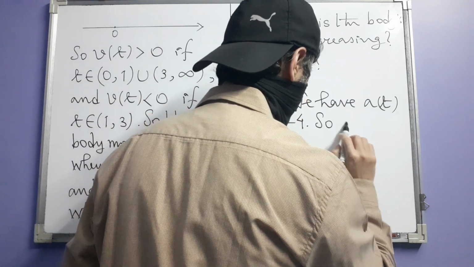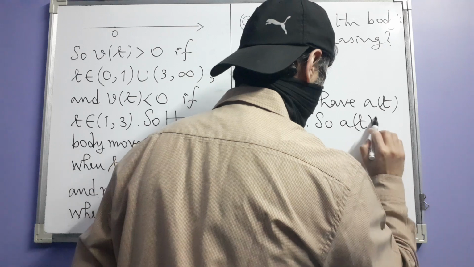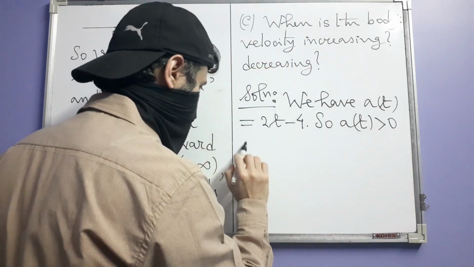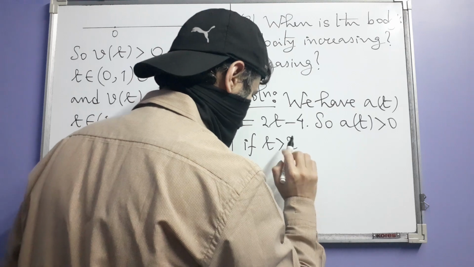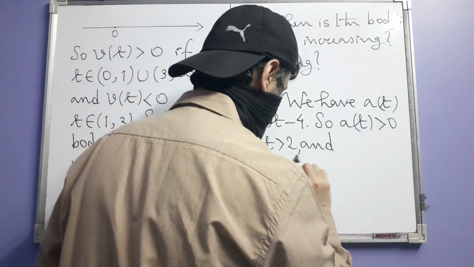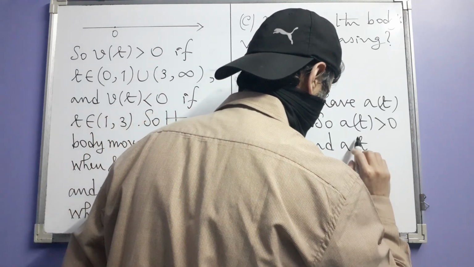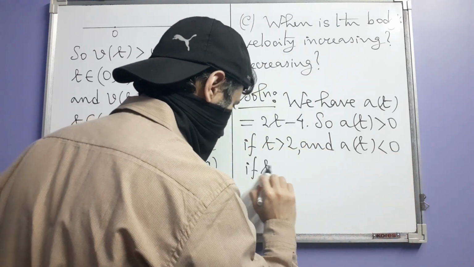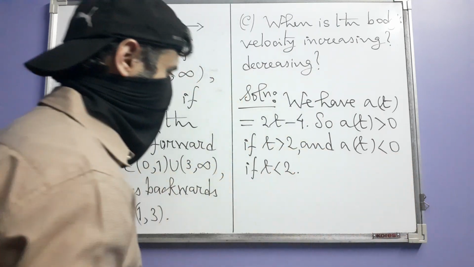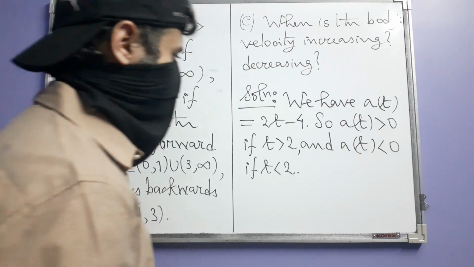So, a of t is positive if t is greater than 2 and a of t is negative if t is less than 2.